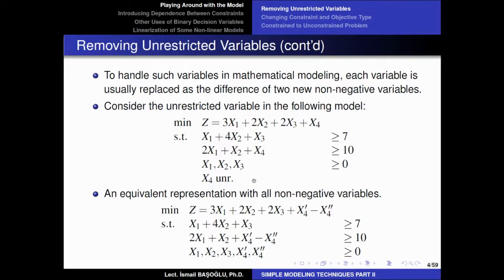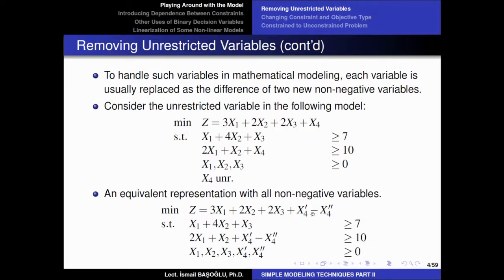Now, what we can do is basically this. Maybe most of you already know about this from the operations research course. We can say that x4, as a free decision variable, is equal to the difference of 2 non-negative decision variables. So x4 is going to be equal to x4 prime minus x4 double prime.